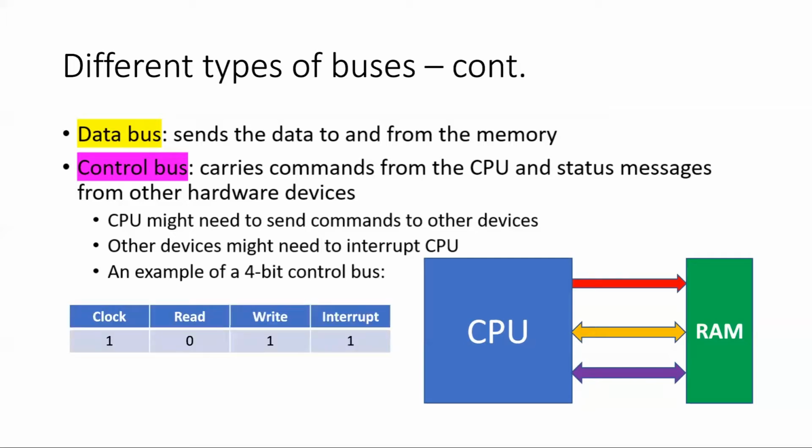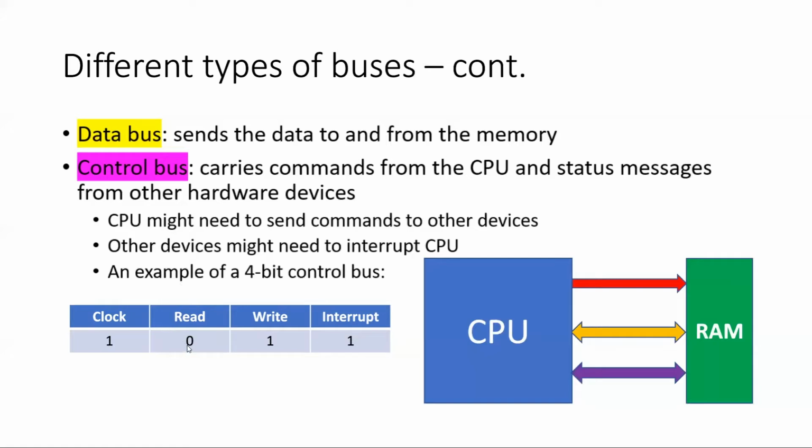Here you see an example of a very small control bus which contains only 4 bits. Control buses usually have some bits reserved to show the clock. This clock is used for the computations of the CPU. And there are different flags or different types of data in a bus. For example, here we have a flag that shows reading.